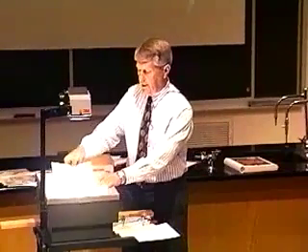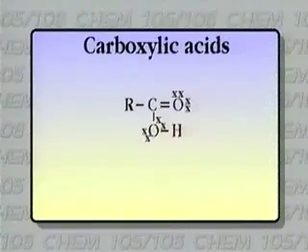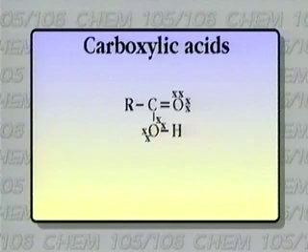For instance, one that we've already looked at, the carboxylic acids. And we drew this as the general structure of the carboxylic acid. We didn't have the little X's on there before. But the structure showed us that the carbon had 2 bonds to the oxygen. That means that the carbon and the oxygen are sharing 2 pairs of electrons between the 2.